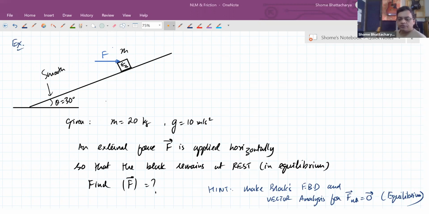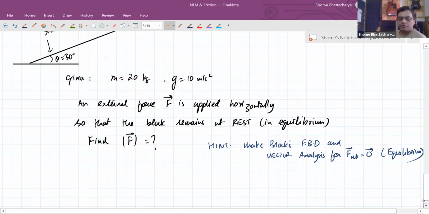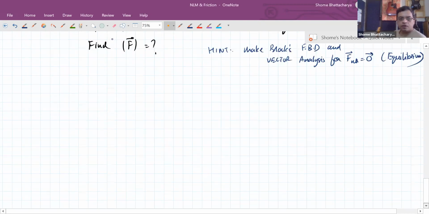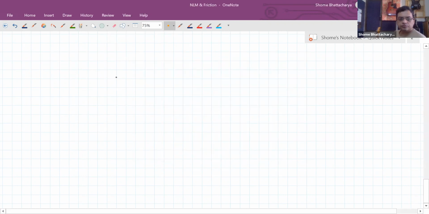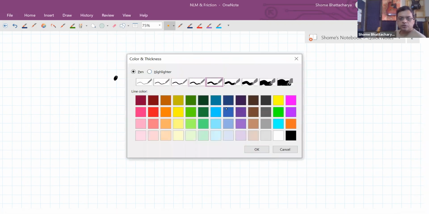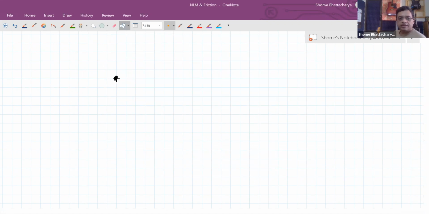Okay, so let us look at the free body diagram of this one. So the forces acting on it will be the external force that we are applying horizontally.